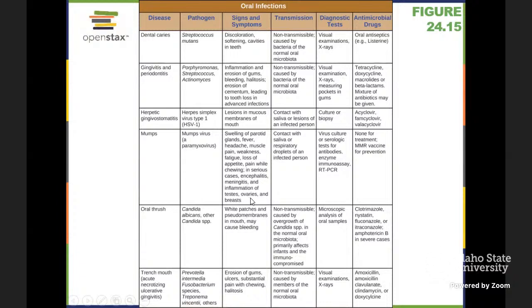And there are some possible serious consequences as the result of being infected with mumps, more than just swelling of the parotid glands. So all sorts of complications with this. It may lead to encephalitis, meningitis, inflammation of testes, ovaries, and breasts. In the instance of the testes and ovaries, this can lead to sterility.